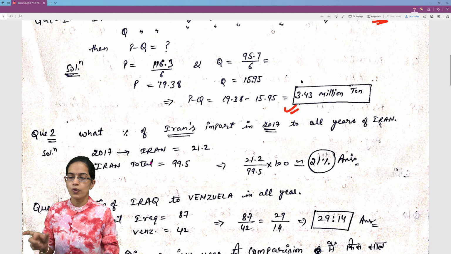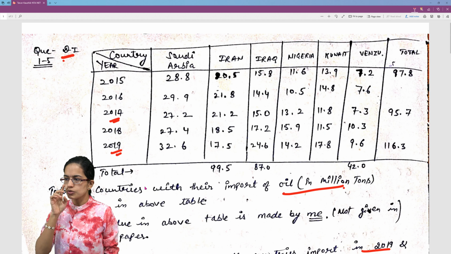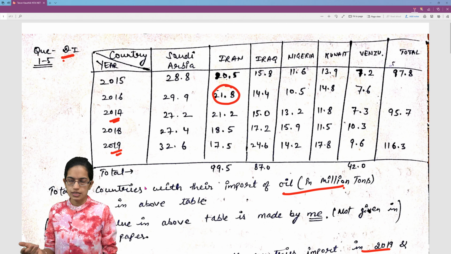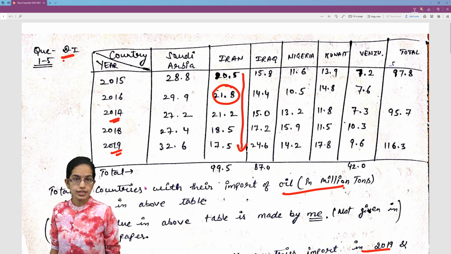Now here it's important when we are asking about a particular value. Let's say we are talking about the proportion of Iran in imports in 2016, across all of the Iran, then this would be the data.